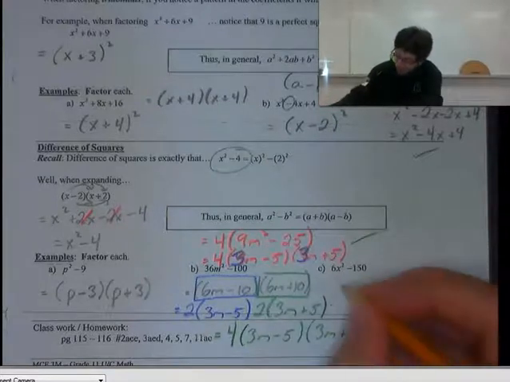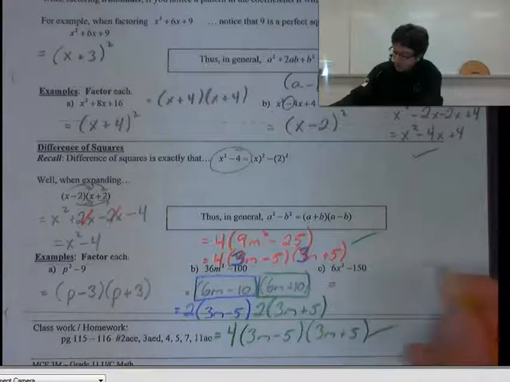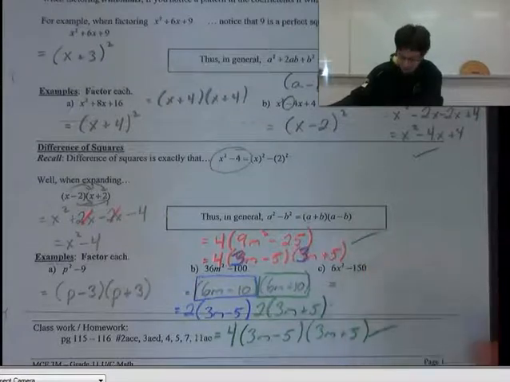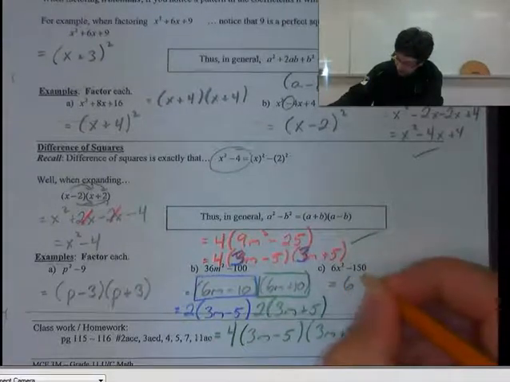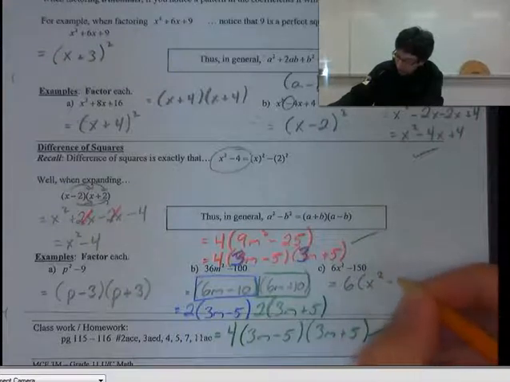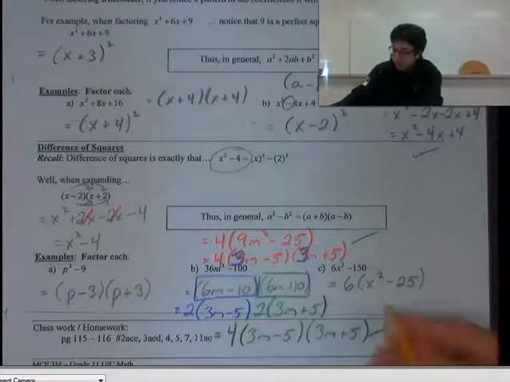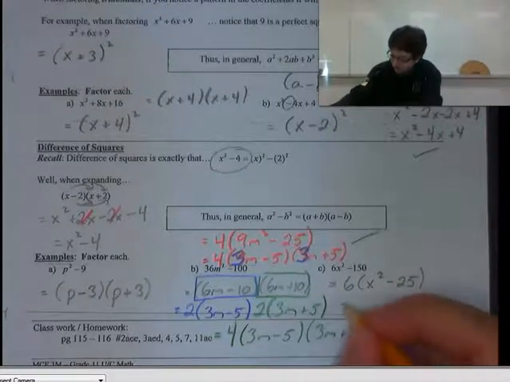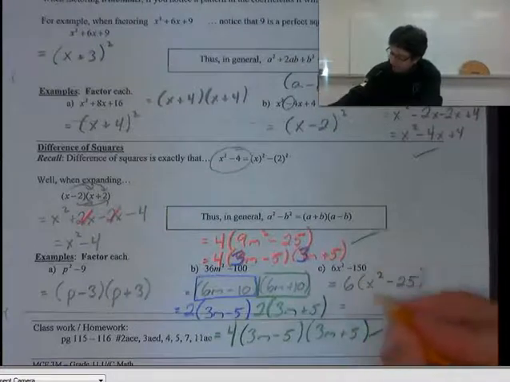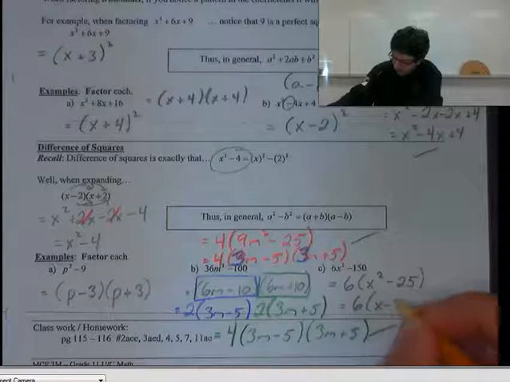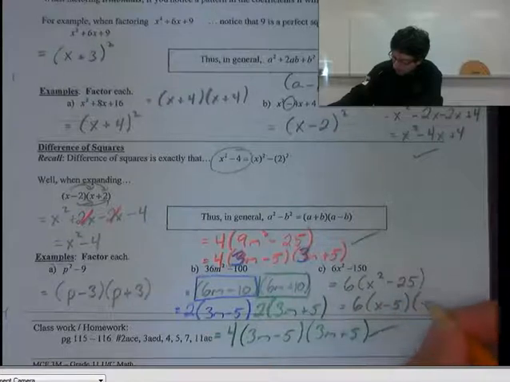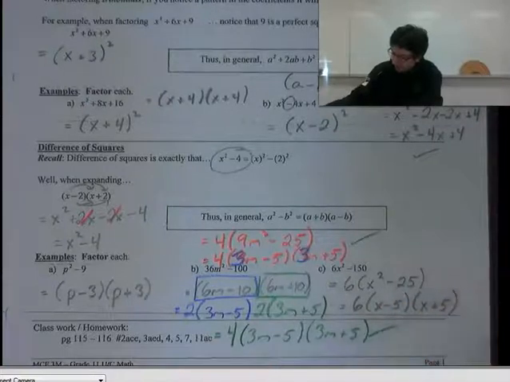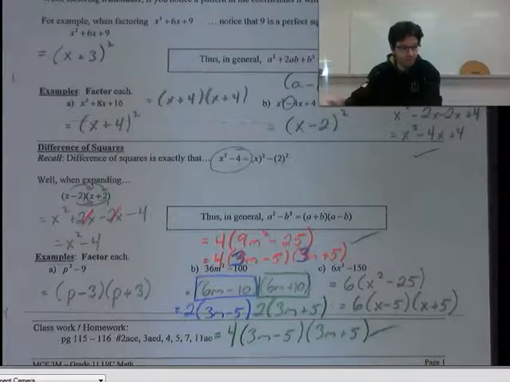But if you pull out the common factor, because 6 actually goes into 150, you have 6 times x squared minus 25. And there's your x squared, that's a perfect square. Okay? 25 would be 5 squared. So this here is also a difference of squares. You'll have 6 times x minus 5 times x plus 5. Let me pause there.